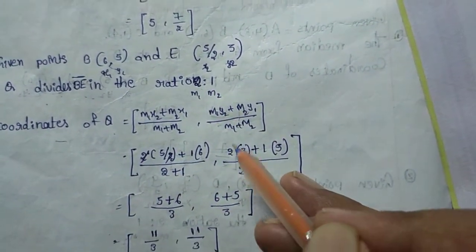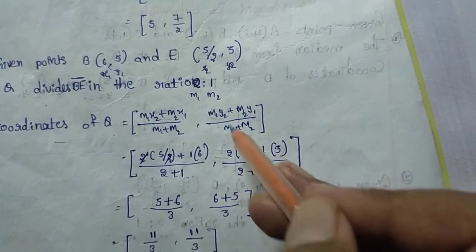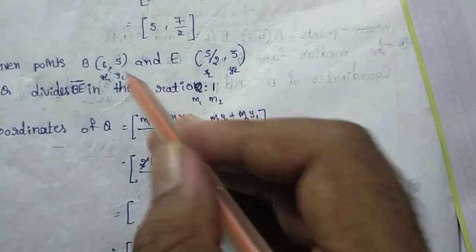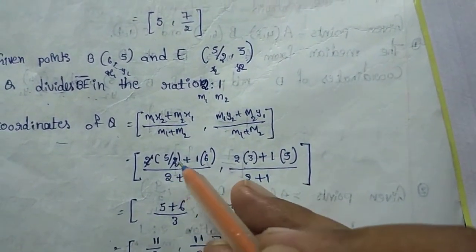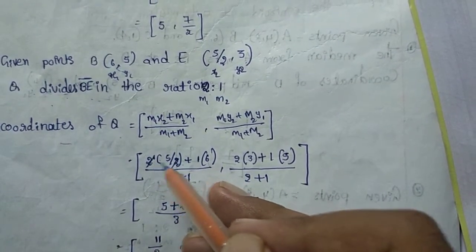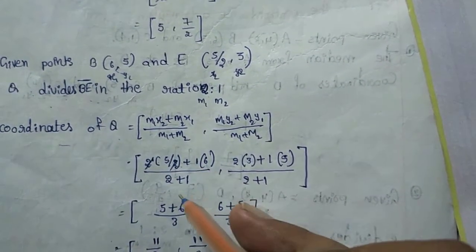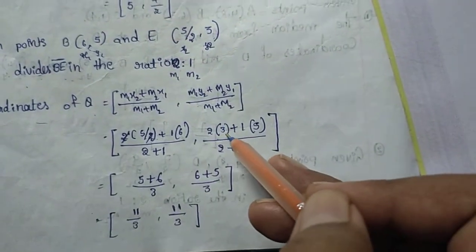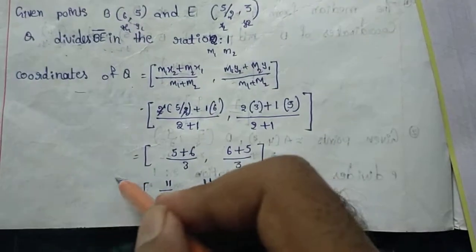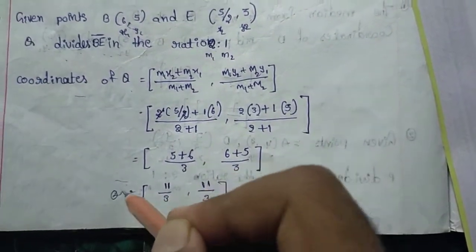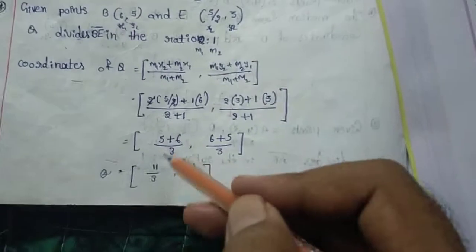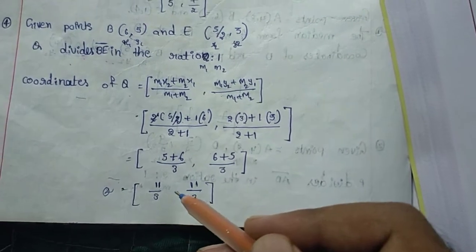Here also 2 plus 1, m1 is 2, y2 is 3, plus m2 is 1, y1 is 5. 2 by 2 into 2 cancel, 5 plus 6 is 11 by 3. 2 times 3 is 6, plus 5 is 11 by 3. Here observe, this is Q. Already found P is 11 by 3, and Q is also 11 by 3.